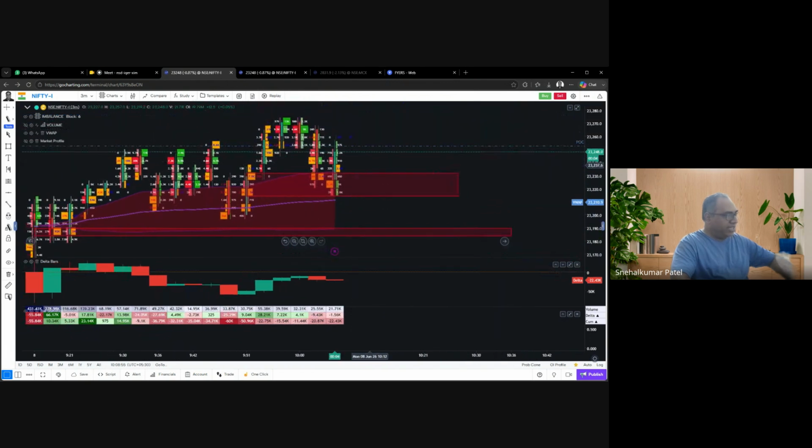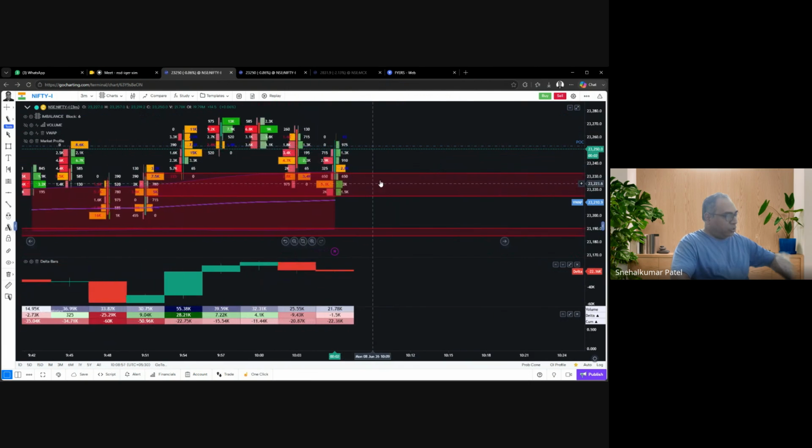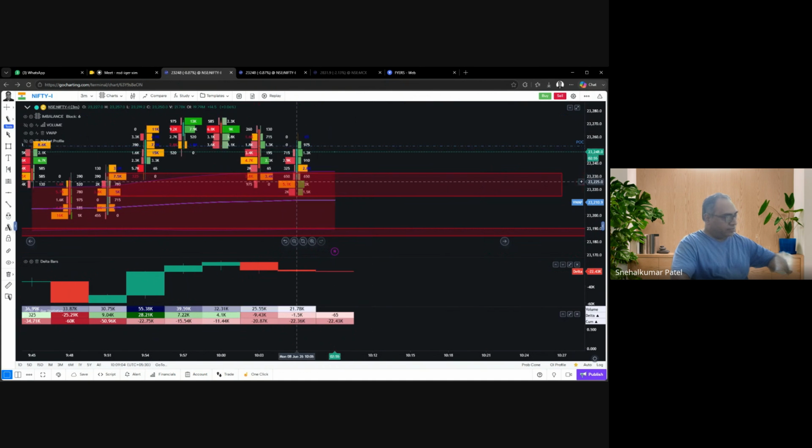So ideally, the buyers should be dominating, but we don't see a clear picture yet. As of now, the sellers are dominating, if you look at the cumulative delta.